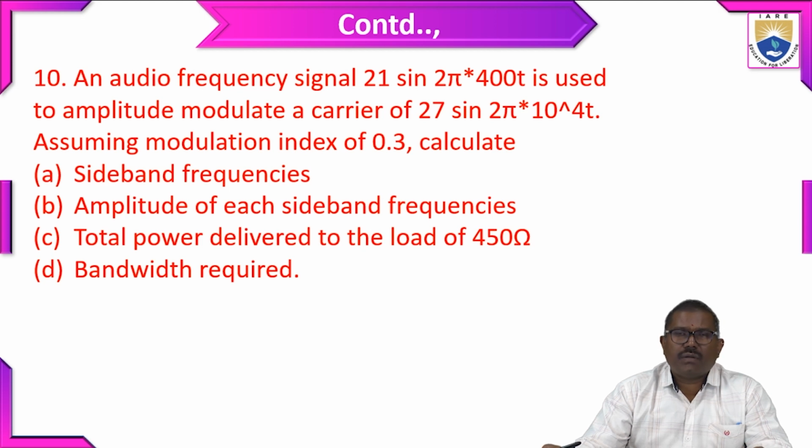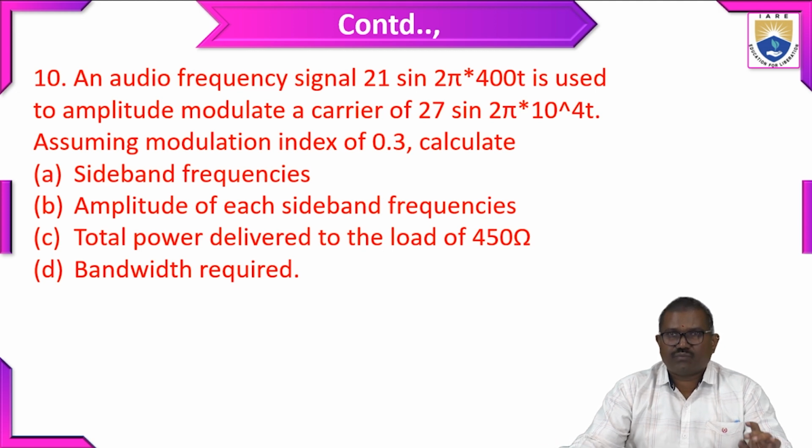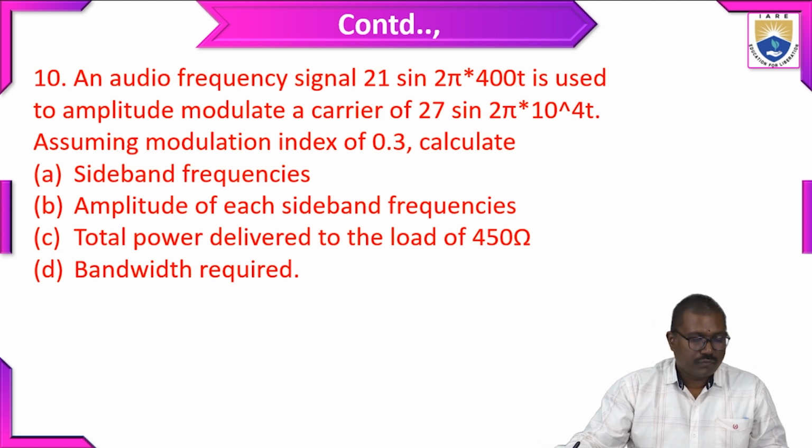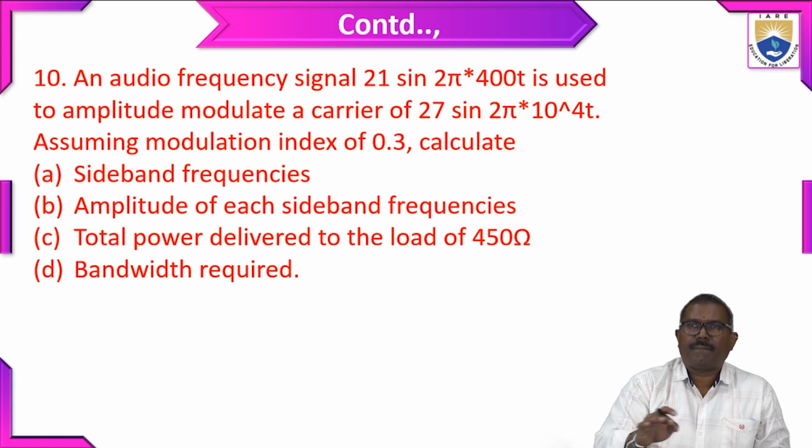In this given problem, the audio frequency signal is nothing but our message signal m of t, and the other one is the given carrier, c of t, and the mu value is 0.3. Okay, so for this problem, first you write down the given data.